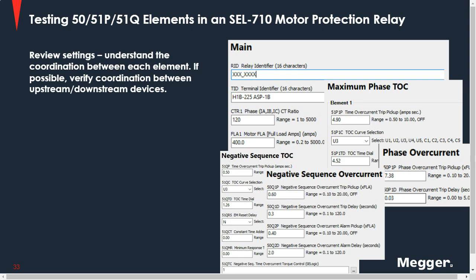If you work on a system, if you're dedicated to a specific utility or industrial complex, you get a feel for what their expectations are, what their settings are, what their standards are. And if you're privy to seeing how this is coordinated upstream and downstream, by all means take advantage of that.